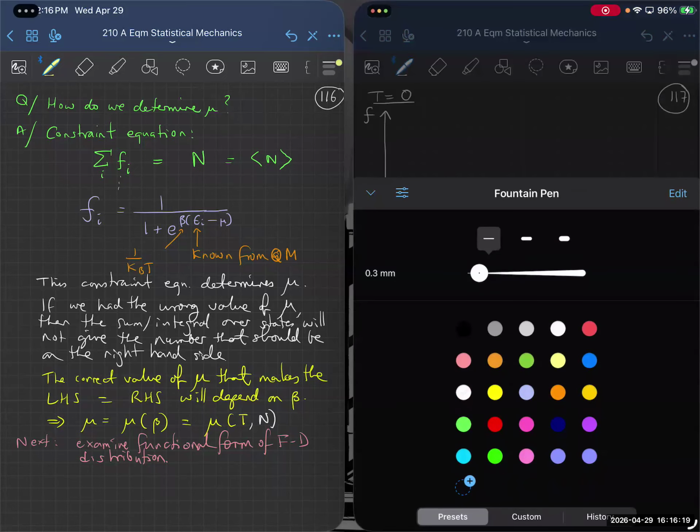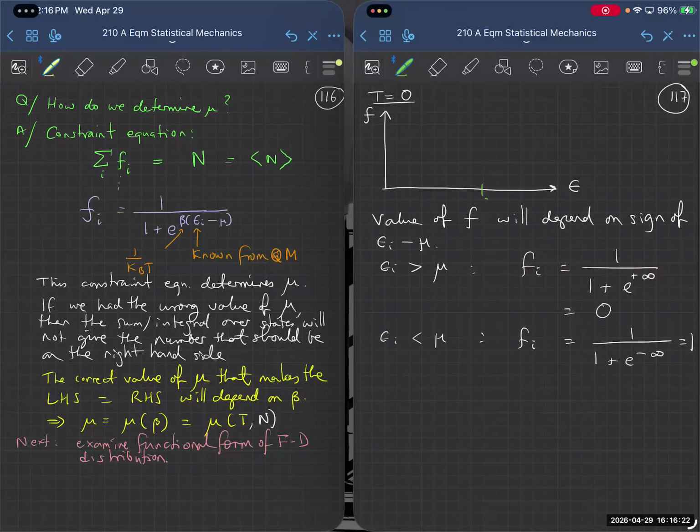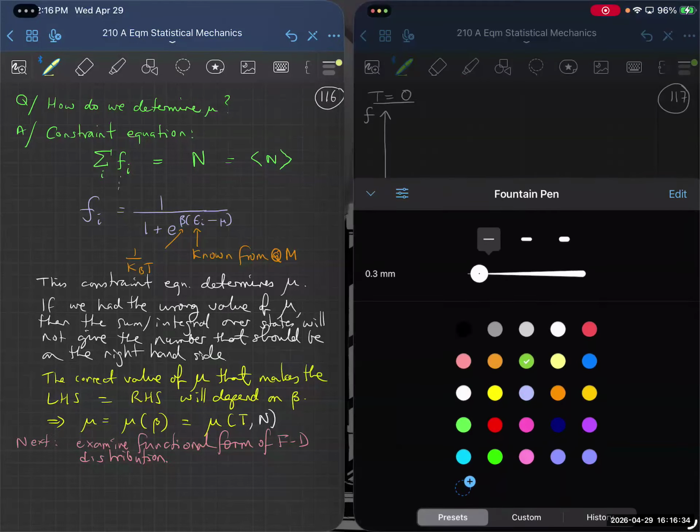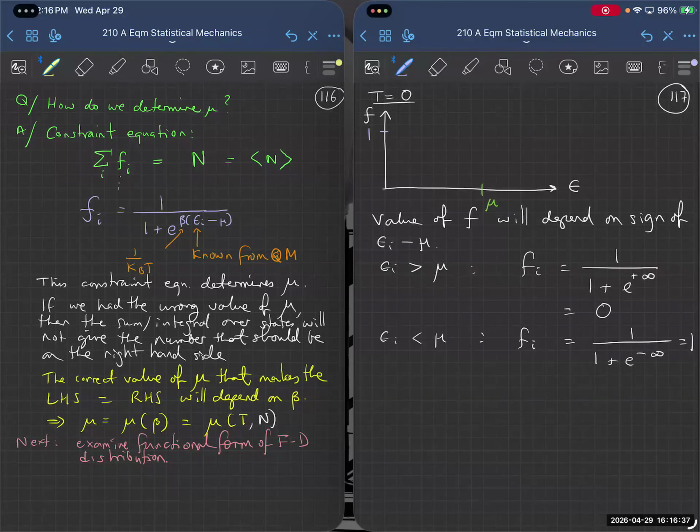So what we see then is that if I write mu here, then the value of f will look like this. It's going to equal 1 until I get to mu, and then it's going to drop down to be 0 after that. So in other words, the Fermi-Dirac distribution looks like a step function for T equals 0. Okay, so let's think about what that means.